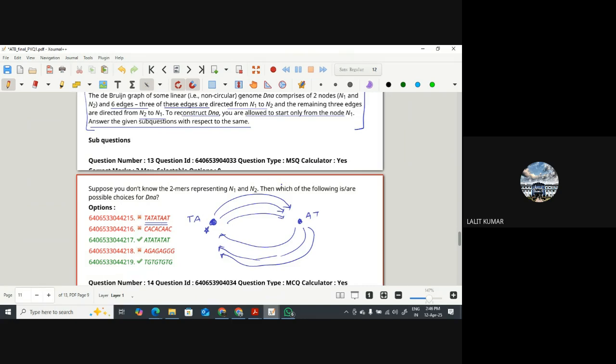So in the first we will get TAT, then we go from here, it becomes TATA, then we come here, it becomes T, then again we go A, again we come here, T. We go from here to here, it becomes TATA, then TAT, then we go here A, and we go here T. So we cannot get this.